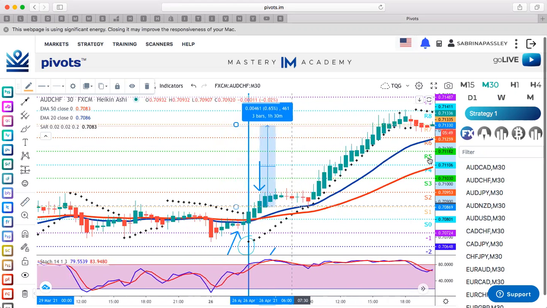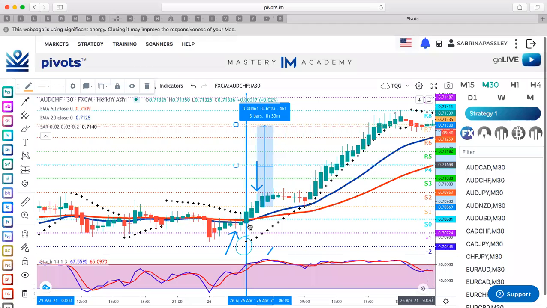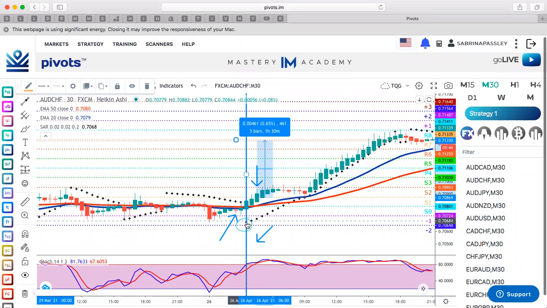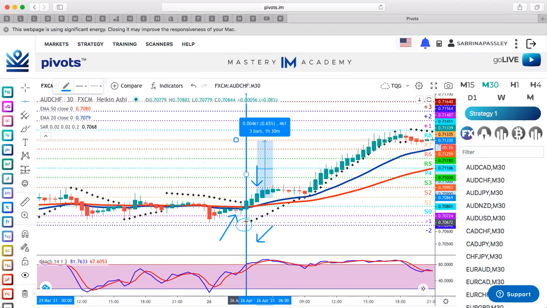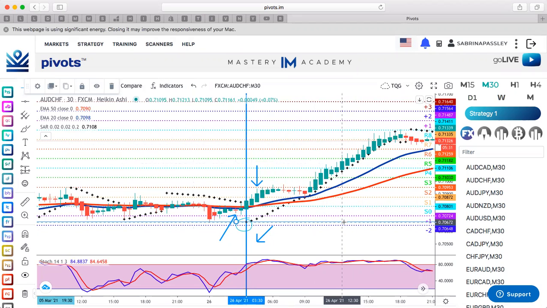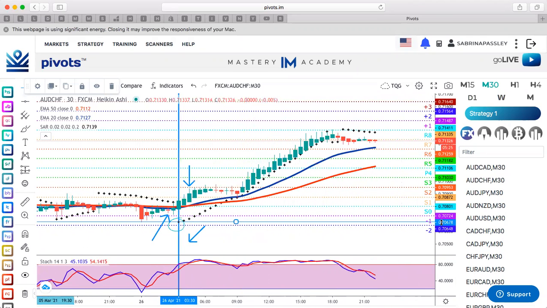Our stop losses are going to be calculated as per our very first parabolic star that started the trend. So if you get a horizontal line, you place it directly on the parabolic star, and you will be able to read your stop loss to be 0.70678.